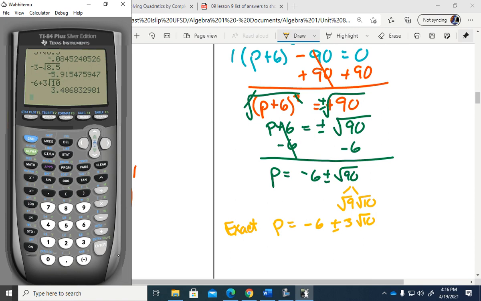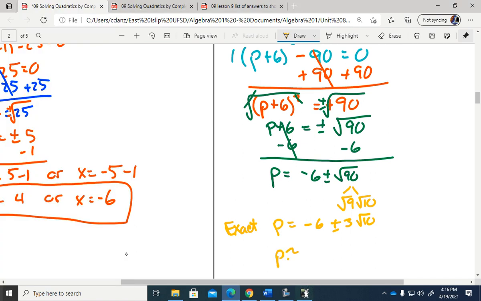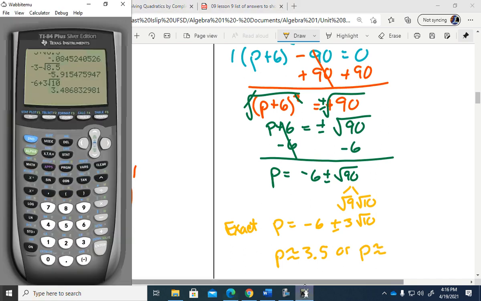I got 3 point, it says to the nearest tenth, so we'll use 3.5. So p is about 3.5, or p is about, go back to your calculator, and now do negative 6 minus 3 square root 10. And you get negative 15.5.